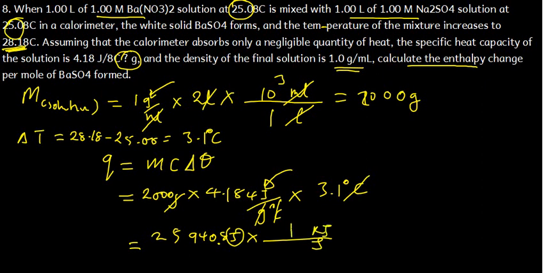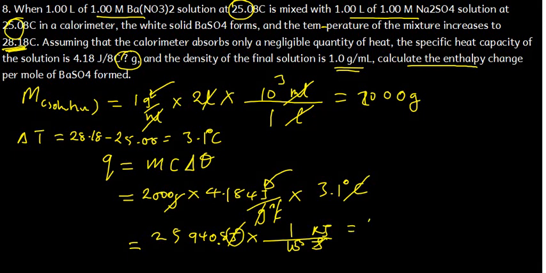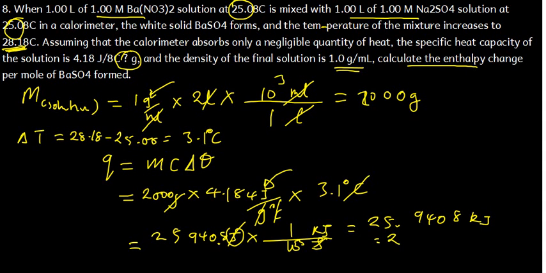We know that in 1 kilojoule we have got 10 to the power 3 joules. So the joule is going to cancel with that joule. So that then gives us 25.9408 kilojoules. Alright, so that will be it. I can also round it off as 26 kilojoules.